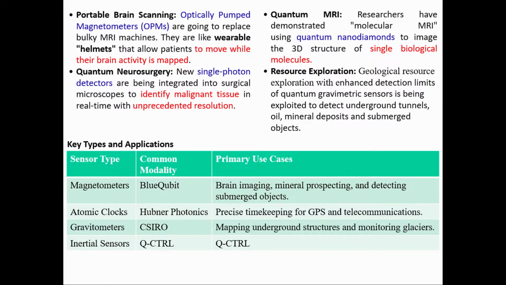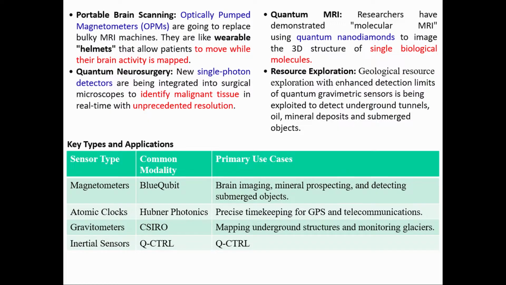And quantum neurosurgery. Now a single photon detector has been invented, and it can be coupled to medical microscopes, and you can see molecule by molecule. That type of great advantage is there.